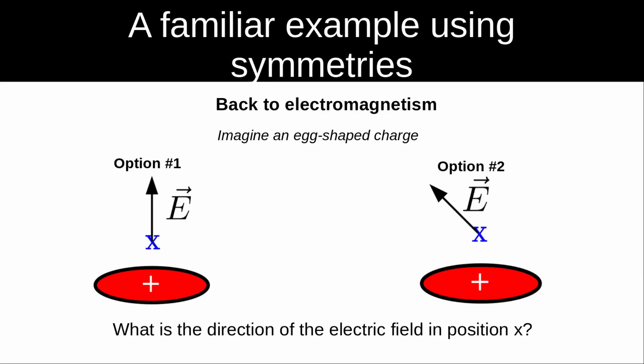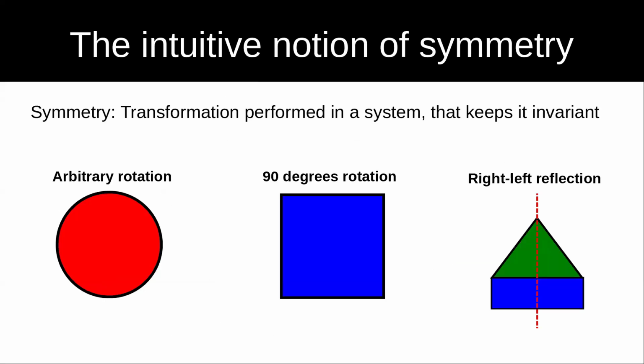Option 1 stays as it is. Option 2 goes from tilted to the left to tilted to the right, but the original charge distribution stays the same. So the actual solution to the problem is option 1. So even in electromagnetism, symmetries allow us to see what the correct solution may look like, right?